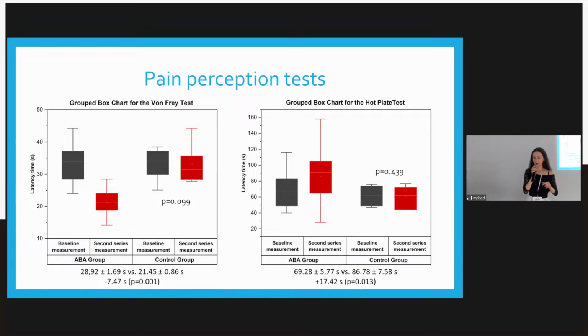In terms of studies on humans, it is a little bit controversial because some of the studies showed that this pain threshold for mechanical stimuli is elevated in anorexia patients, and I can say a little bit more about it in the discussion part because I don't have time right now. And for the hot plate test, the latency time increased, which means that the pain threshold for the thermal stimuli also increased, and this is in accordance with what we can see in studies on humans.